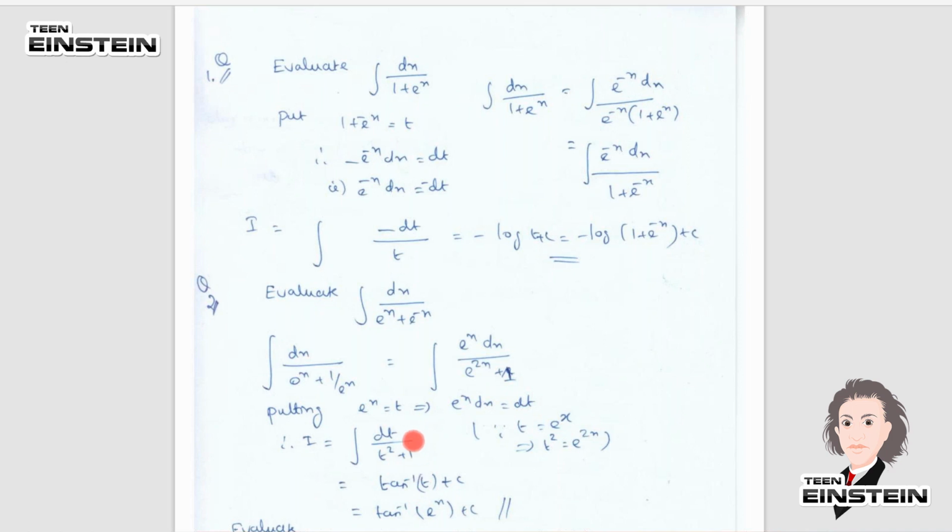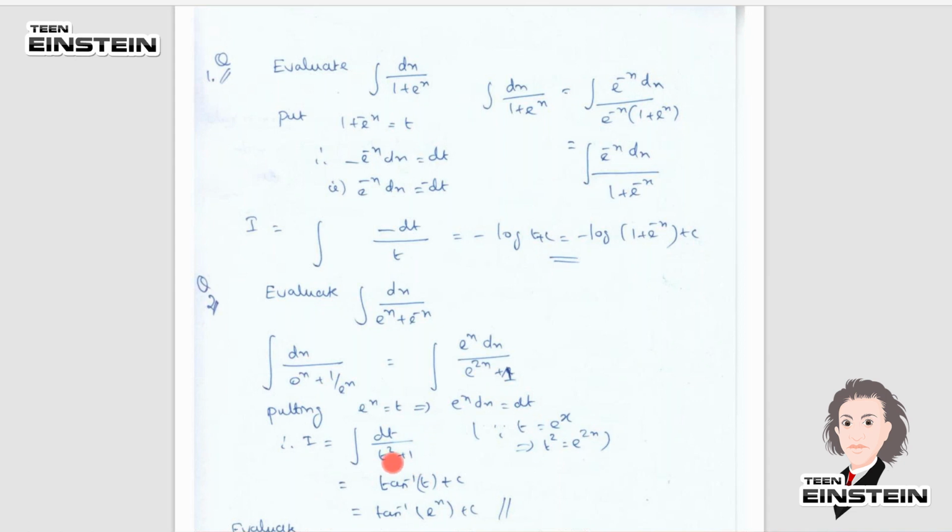Okay, what is the formula? It is of the form integral 1 over x square plus a square dx. What's the formula? 1 by a tan inverse x by a. Here a is 1. Okay, x square plus a square.